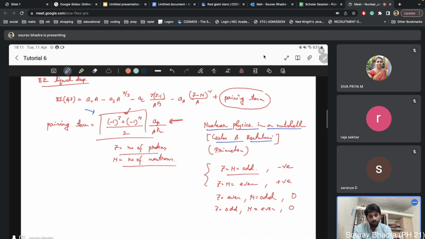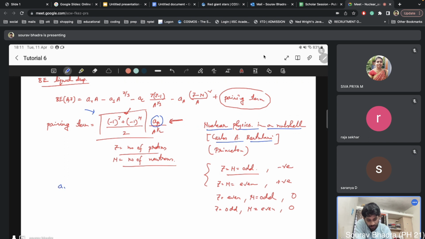Okay. So now I will do a very short calculation from this binding energy to give you some idea. All of these, a_V, a_S, a_C, a_A, are constants, and here is another constant, a_P.